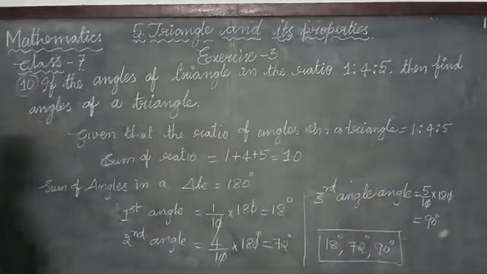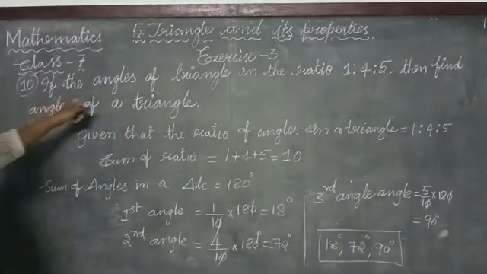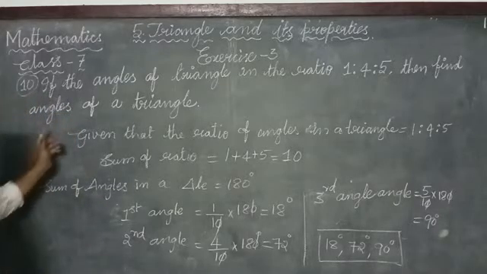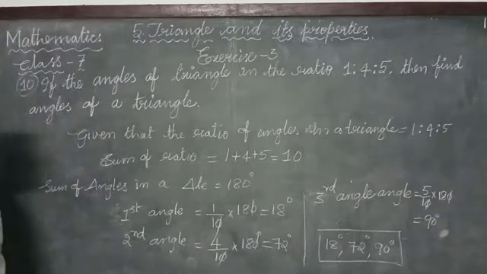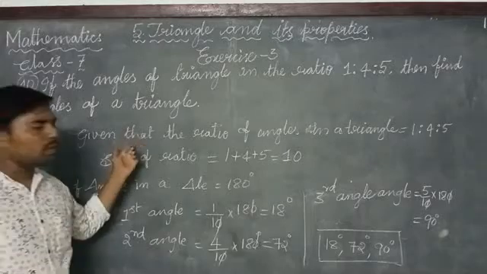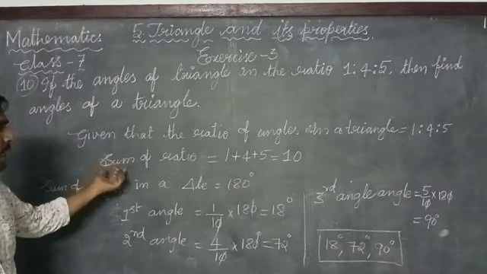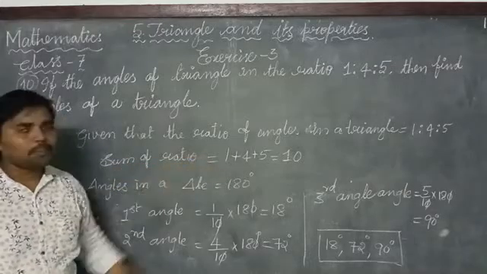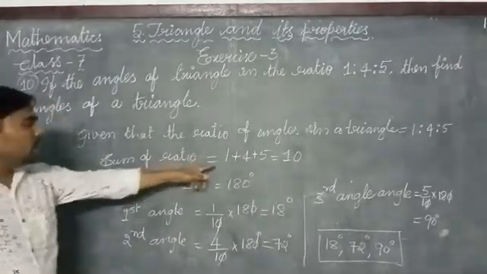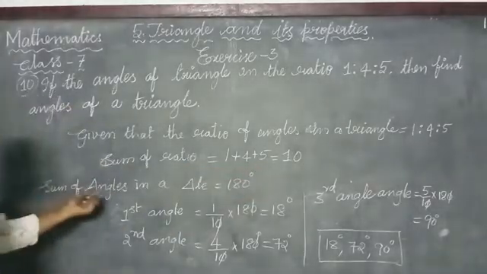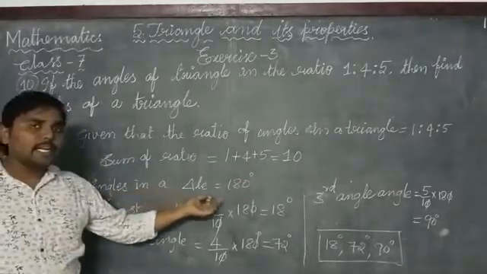Once again I am saying, if the angles of a triangle are in the ratio 1:4:5, then find the angles of the triangle. Here they have given the angles in the ratio 1:4:5. If you add all the ratio values, we get 10, the total parts. The sum of all angles in a triangle equals 180 degrees.